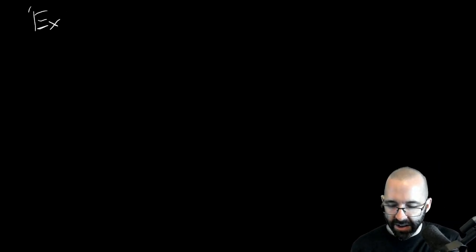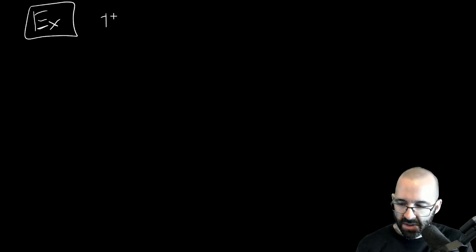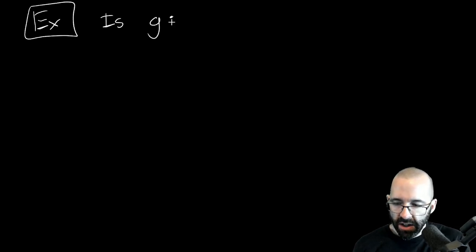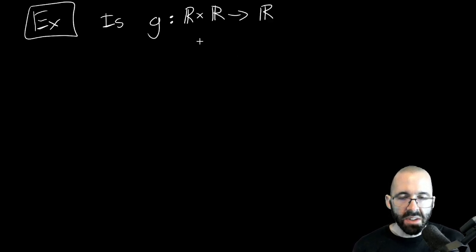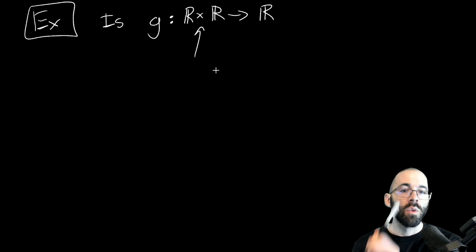Let's make things, again, go to some multivariable functions. Consider G that goes from R cross R, remember that's the Cartesian product, to R. What does this mean? Remember, the Cartesian product of two sets means an ordered pair where the first part of the ordered pair comes from the first set, the second part comes from the second set.